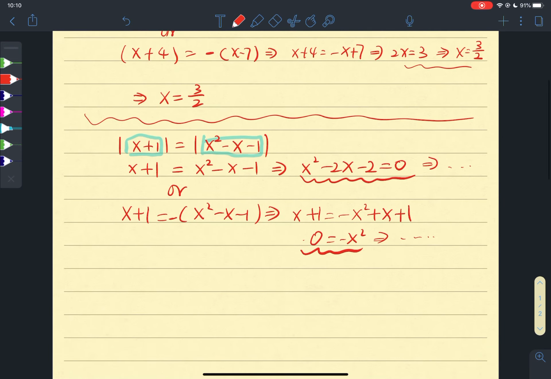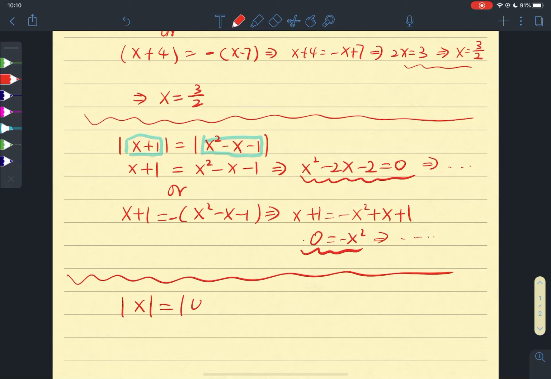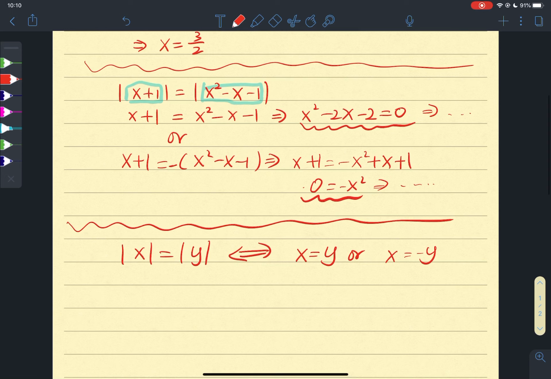The question now is, why would people say that when absolute value of x equals absolute value of y is identical to saying either x is y or x is negative y? Because absolute value has the geometric meaning of describing the distance.